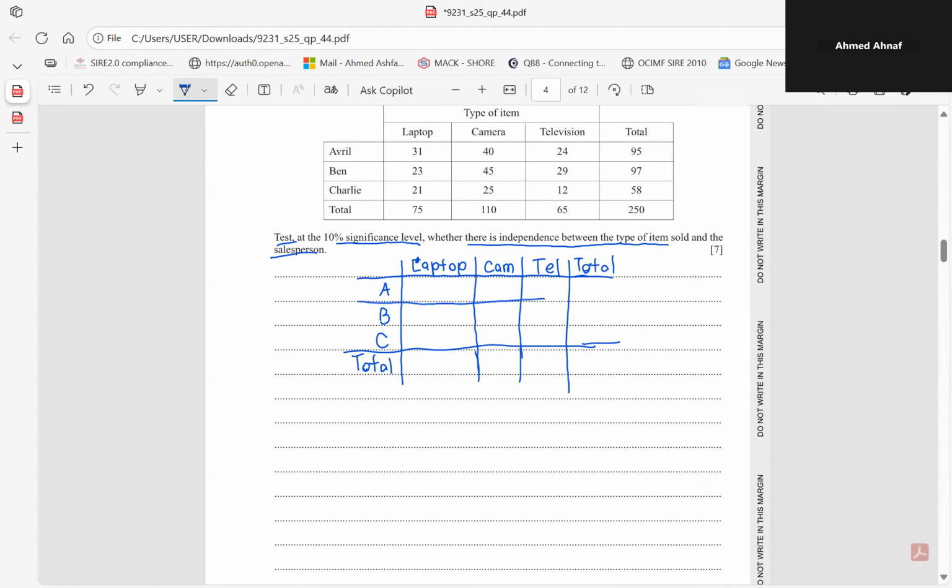So the first step for any chi-square test is to find the expected frequency.